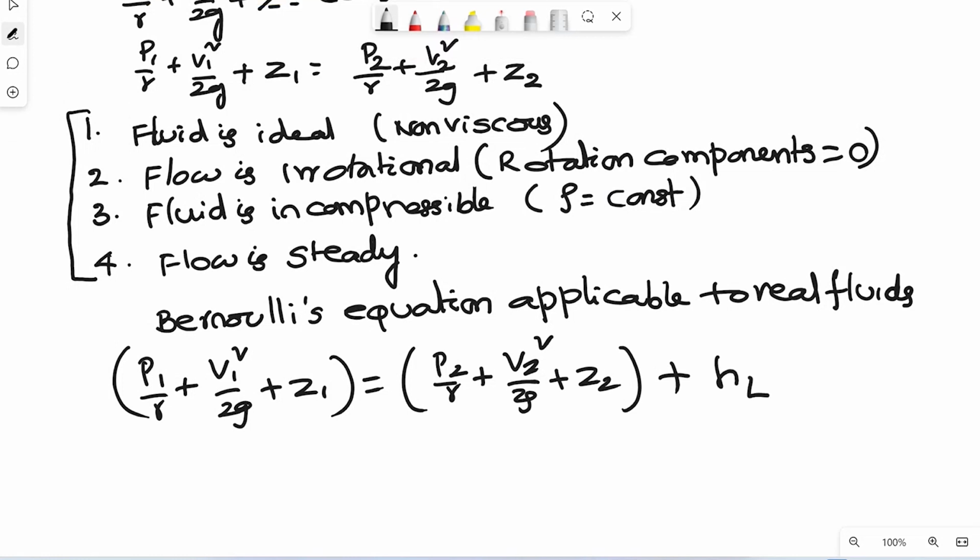This extra term will come in case of real fluids. So this is the total energy at section 1, total energy at section 2 plus head loss. This is the equation which we use for real fluids.